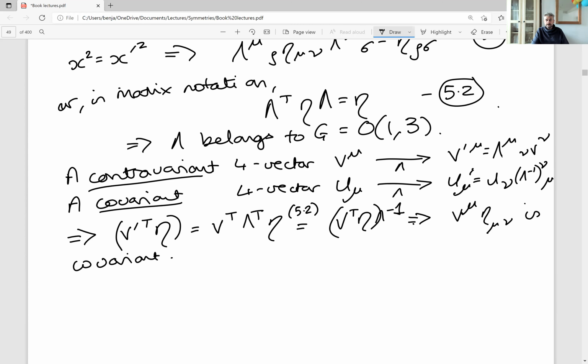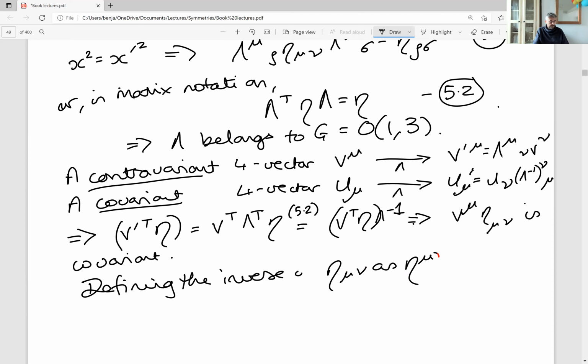And we define the inverse of eta with downstairs indices as eta with upstairs indices. In other words, we have eta^(mu lambda) eta_(lambda nu) equal to delta^mu_nu. So with this in mind, we use eta to raise or lower indices.